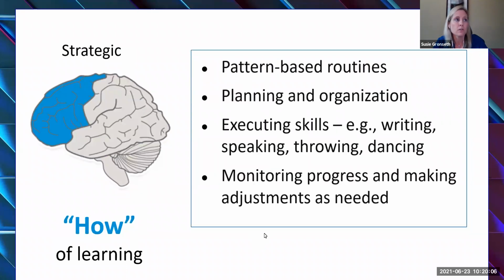And then the how of learning, strategic, the pattern-based routines, where we plan and organize as a learner, execute skills like writing, speaking, throwing, dancing, and then monitor that progress throughout and make adjustments as needed. So when we look at the checkpoints in the framework, you'll see some of these things come out.